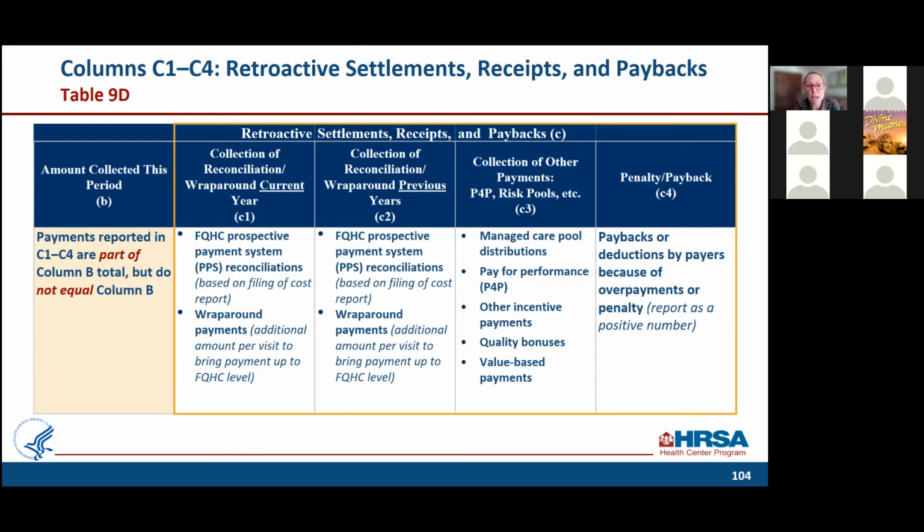They don't have to be payments for patient services. In column C4, you'll report, as a positive number, any money that your health center had to pay back or that was deducted by payers because of overpayment. So in the end, column B is reduced by column C4.